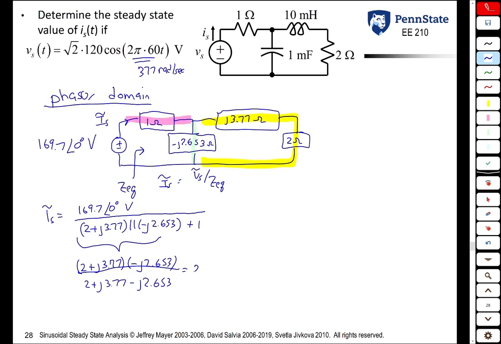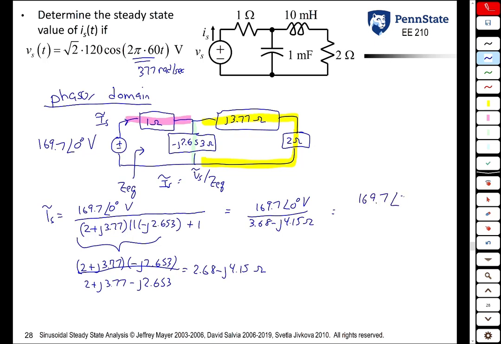You work out the math, you would get 2.68 minus j 4.15 ohms. You then add it to 1 and you get 3.68 minus j 4.15 ohms. Of course, the numerator is 169.7 at an angle of 0 volts.